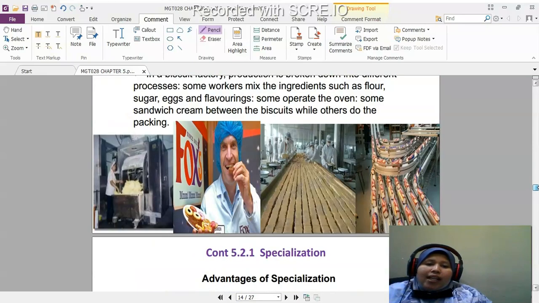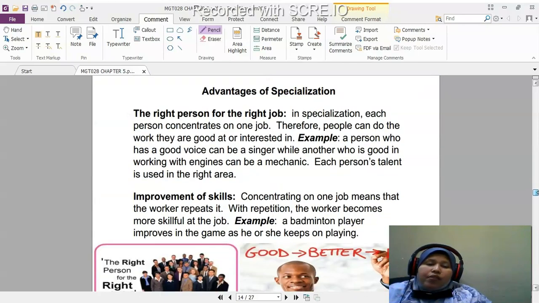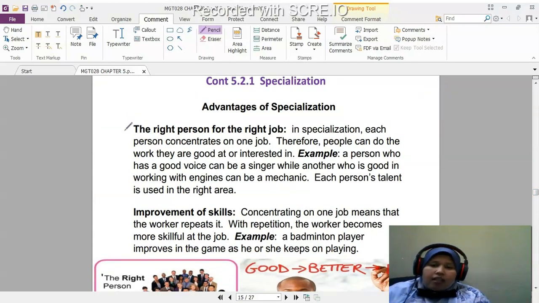What are the advantages of specialization? The first one, the right person for the right job. In specialization, each person concentrates on one job only. Therefore, people can do the work they are good at or interested in. For example, a person who has a good voice can be a singer, while another who is good in working with engines can be a mechanic.